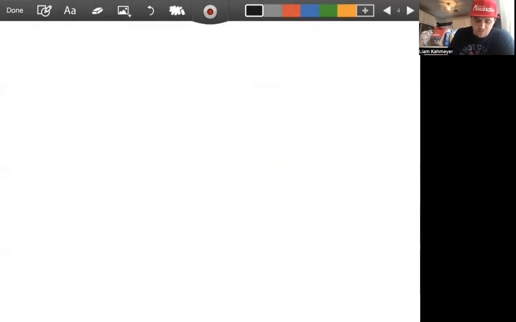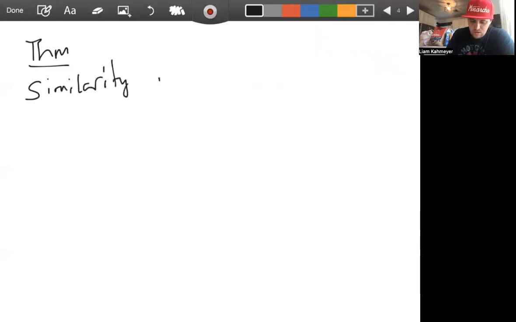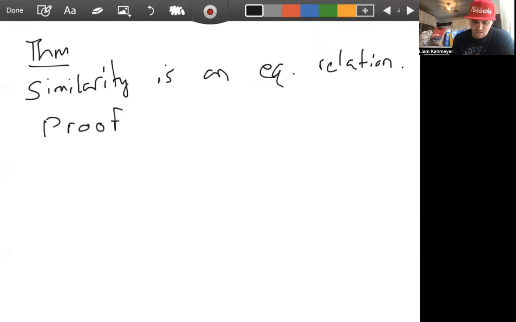And what we're going to prove, here's the theorem, similarity is an equivalence relation. And let's prove this. The proof of this is within our scope of understanding.